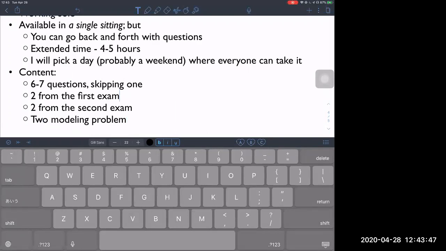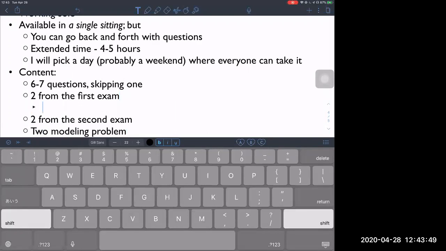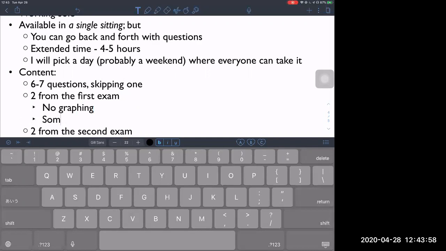But also, let me tell you the details within each exam. For the first exam, no graphing, so you don't have to worry about graphing on the final. There's also no simple interest either.